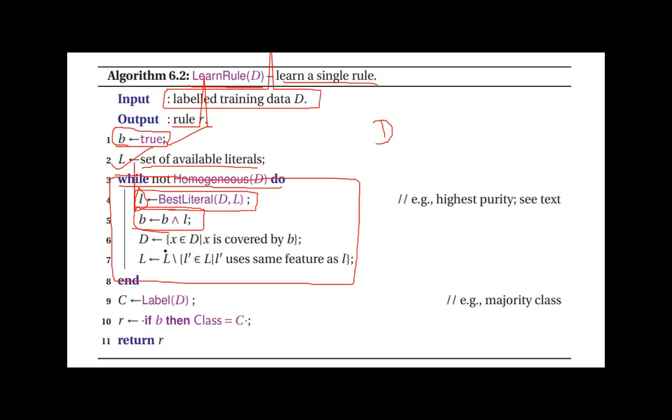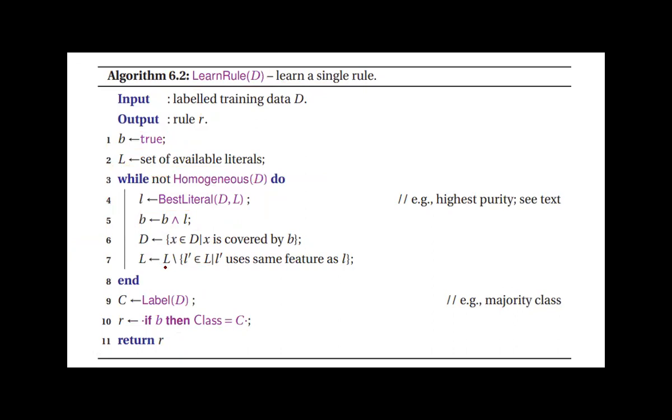Now we delete that particular literal from our D. Now it is covered, so we remove that literal. And also, from the features list, from the set of available literals, we remove it. Now we'll repeat this again. Very simple.